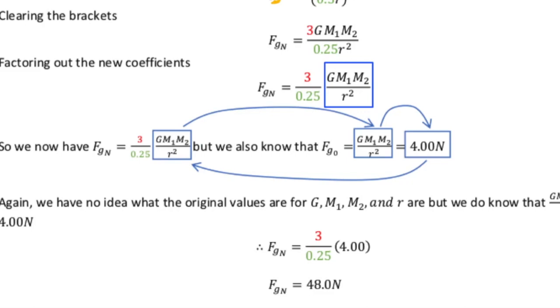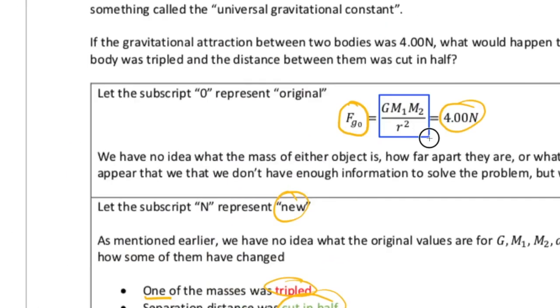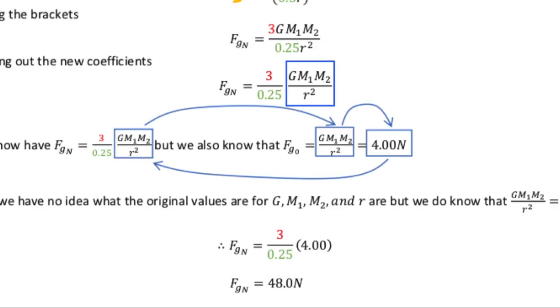This G, this M1, this M2, and this R are the exact same as this G, this M1, M2, and R. And I know in this combination, G times M1 times M2 divided by R squared is equal to 4. So that means this G, this M1, this M2, and this R squared in this combination also equals 4.